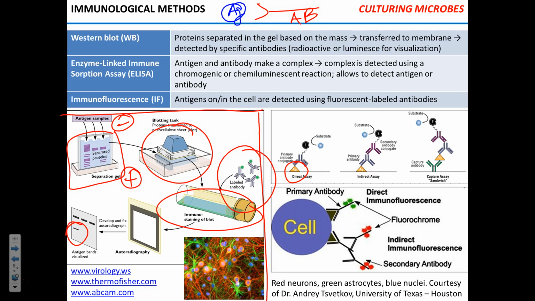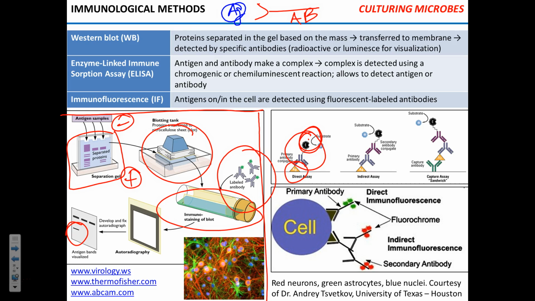You have the antigen that sticks to a surface, and you have antibody that recognizes it. If there is an antigen on a surface, there's going to be light, for example, or a change of color, because this antibody is labeled in a special way. If there is no antigen, there's no change of color.